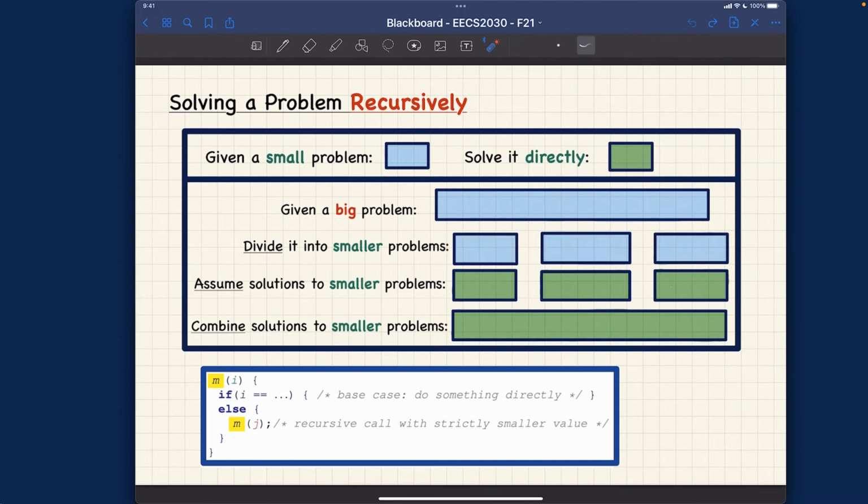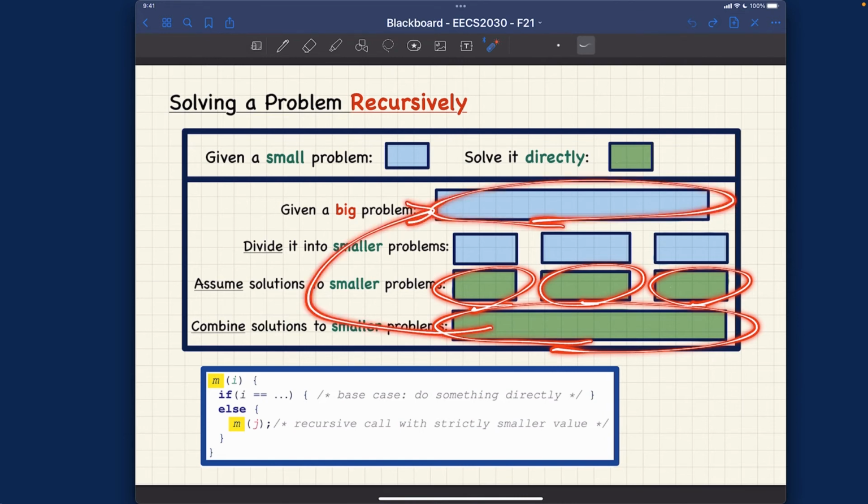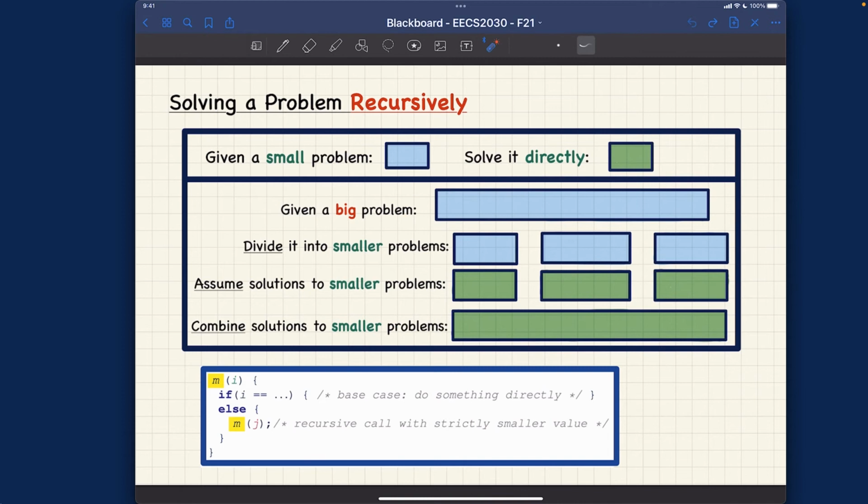You can think about this solution here as for this strictly smaller problem, and also this solution here is for this strictly smaller problem, and so on. And then to construct the ultimate solution, you can combine this and this and this together to make the solution that will work for the original big problem. That's basically the steps you have to take.